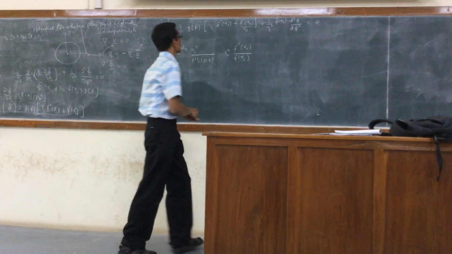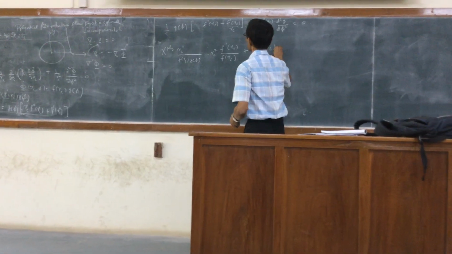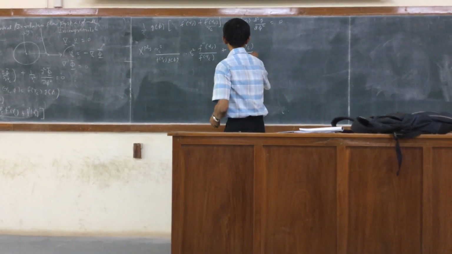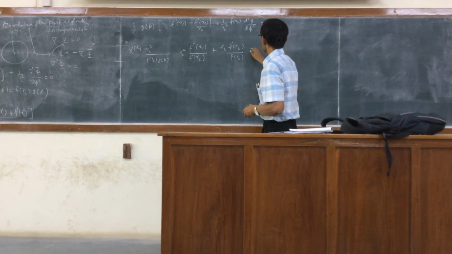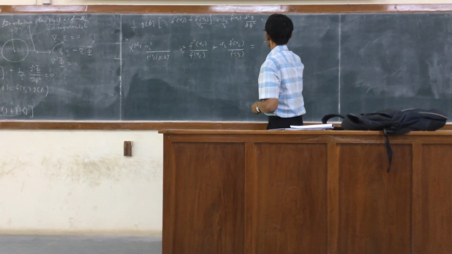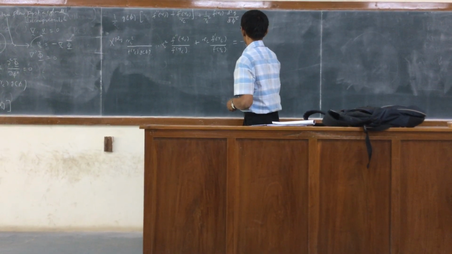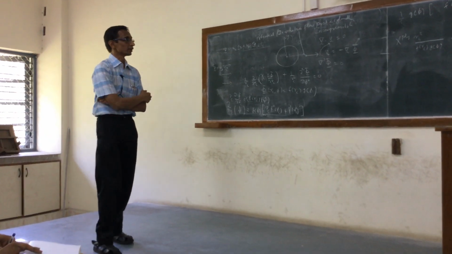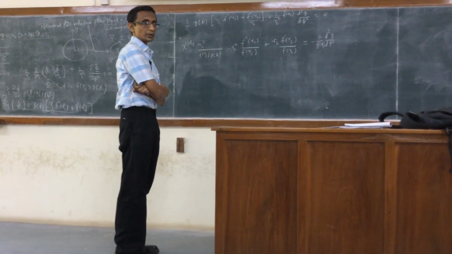Multiply by rc squared: rc squared f double prime of rc divided by f of rc, plus rc f prime of rc divided by f of rc, is equal to minus d squared g by d phi squared divided by g of phi. That's what I will get.